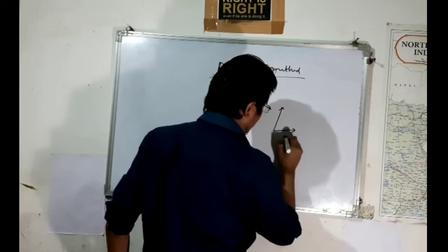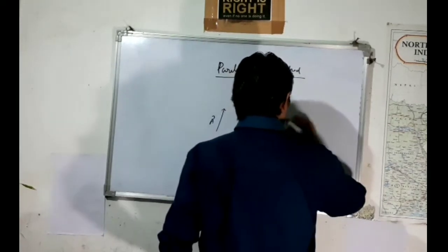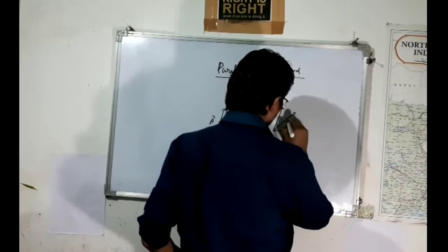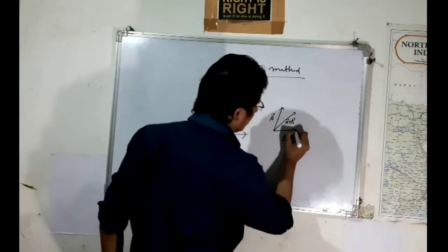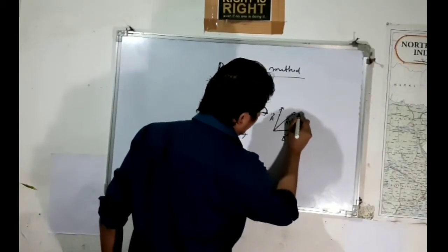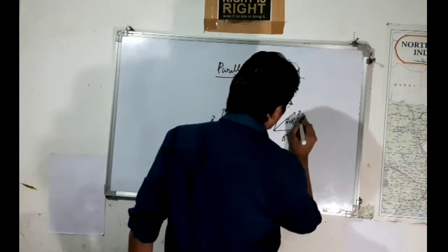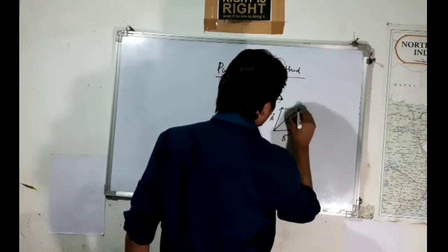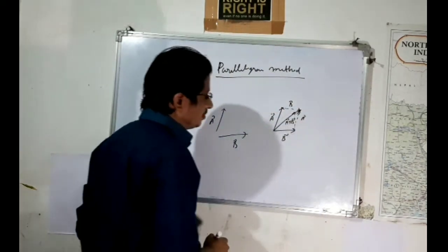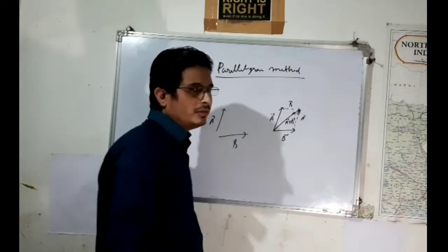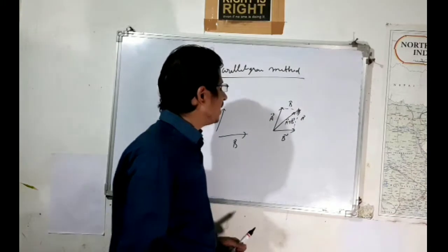Here the resultant is in this direction. How? Because if we draw a parallel vector here, it is similar to the A vector. If we draw a parallel vector here, it is similar to the B vector. By applying the simple triangular method, we get A plus B. So these two methods are useful for vector addition.